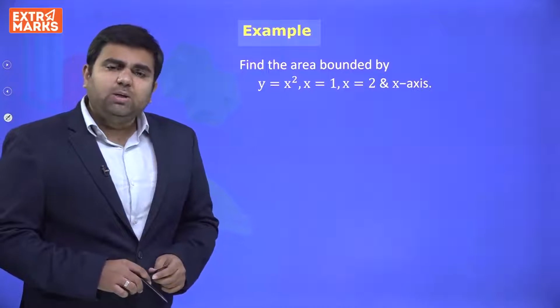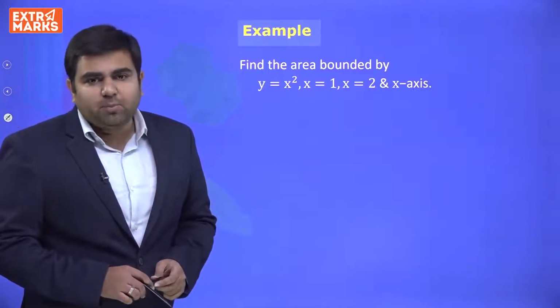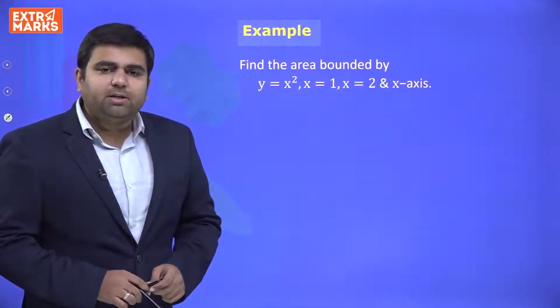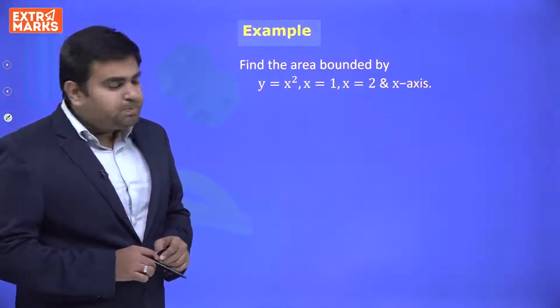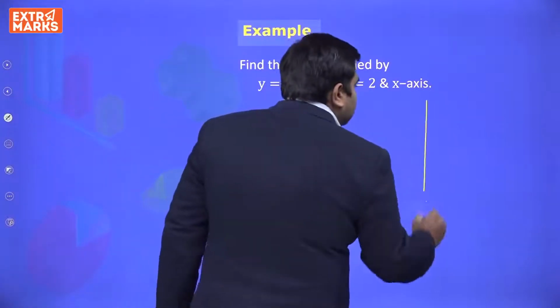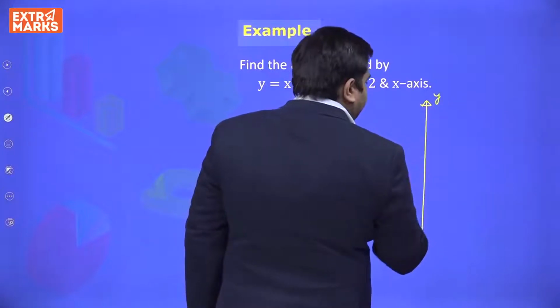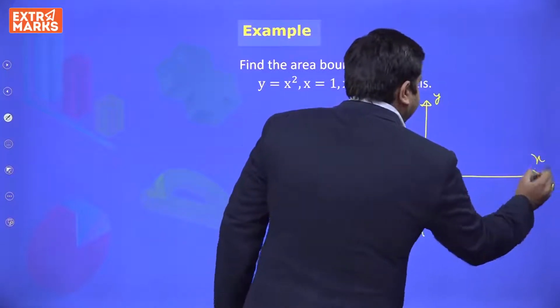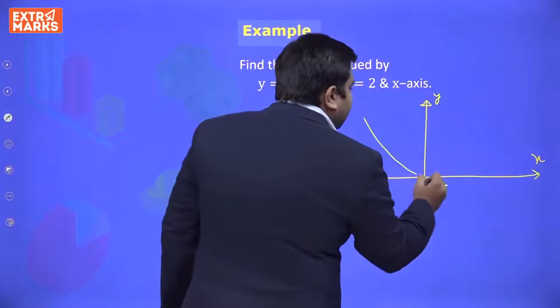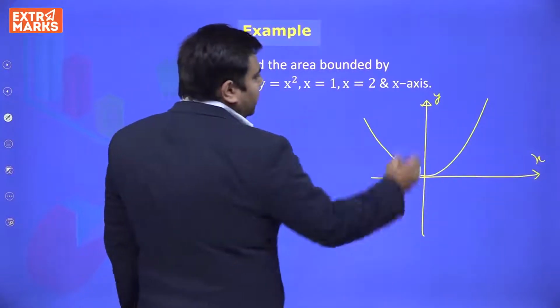Now y equal to x square is simply a parabola. What kind of parabola is it? It is an upward opening parabola, right? So this is the graph of y equal to x square.